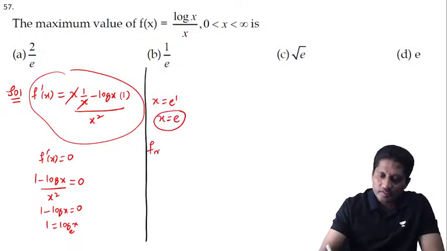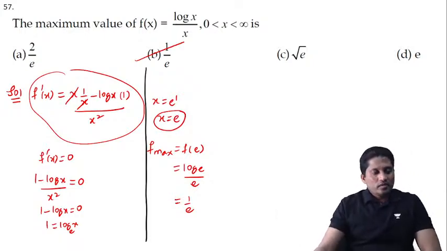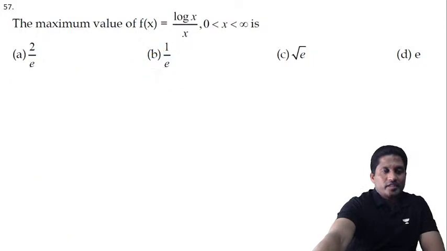Now f maximum is equal to f of e, which is equal to log e divided by e, which is equal to 1 upon e. Answer is option B. Right. Let's move to the next question.